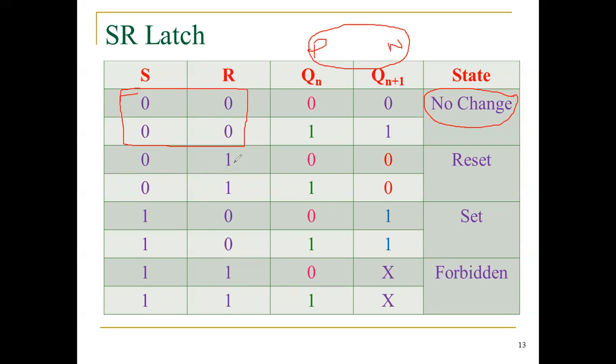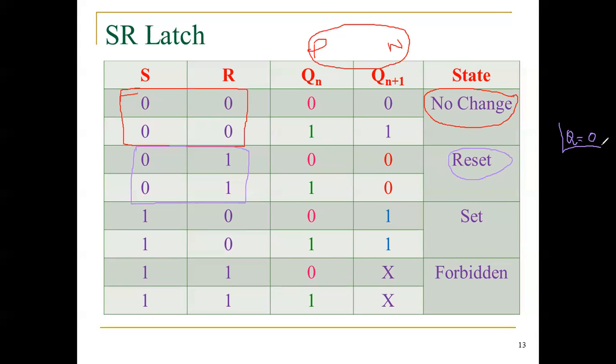Then the second case, if you make the assumption as 0 and 1 combinations along with my enable pin equal to 1. What will happen? It resets the output. That means my Q output equal to 0. Whatever may be the assumption you made, that makes my Q output 0.